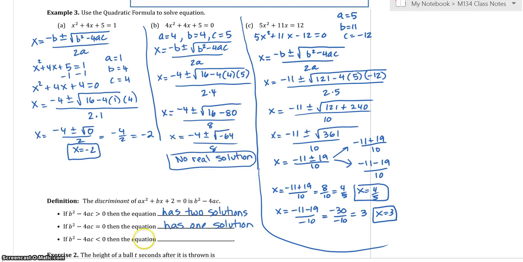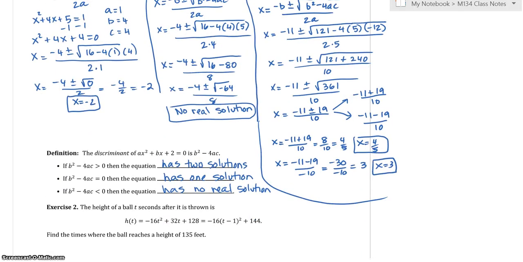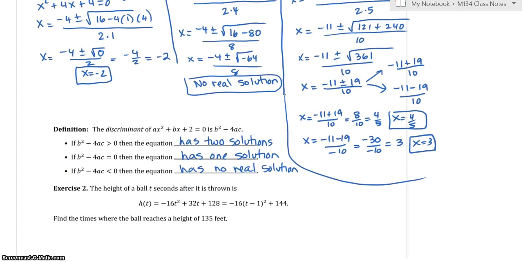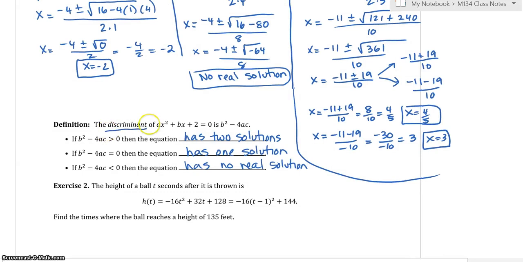Then there is no solutions. So if b squared minus 4ac is negative, then less than 0, then the equation has no real solution. Do I have room? Barely. So that is the definition of the discriminant.